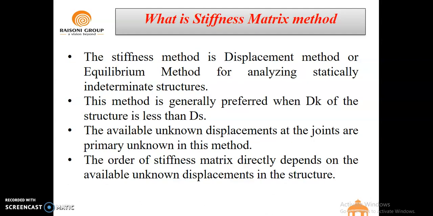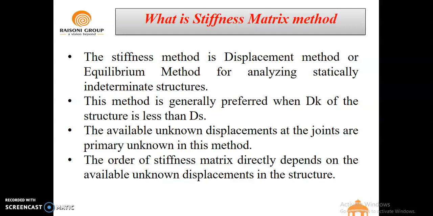Now what is the stiffness matrix method exactly? The stiffness matrix method is basically a displacement method, or we can say an equilibrium method, for analyzing statically indeterminate structures. This method is generally preferred when the degree of kinematic indeterminacy, that is dk, of the structure is less than the degree of static indeterminacy, that is ds.